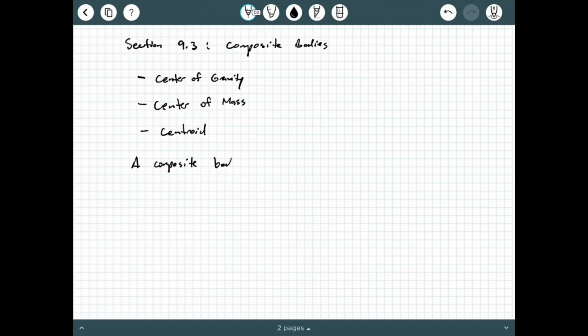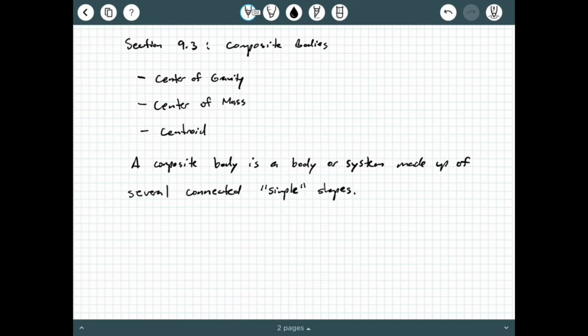A composite body is a body or system made up of several connected simple shapes. When we say simple shapes, we're thinking like rectangles, squares, triangles, even circular segments. These are simple shapes.